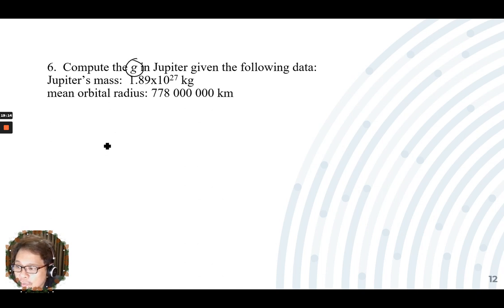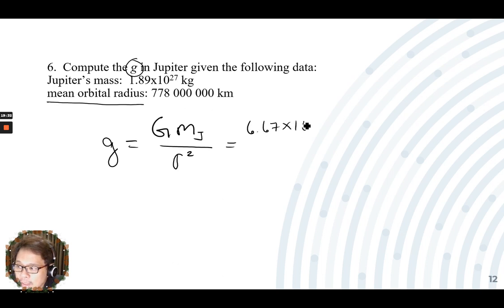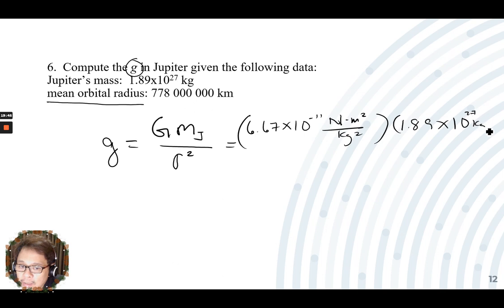To compute for the g on Jupiter, you have small letter g is equal to G times M, the mass of Jupiter, divided by the radius, the mean orbital radius, how far, and then squared. So the G is 6.67 times 10 raised to negative 11. The unit is newton meter squared per kilogram squared. The mass of Jupiter is given as 1.89 times 10 raised to the 27 kilograms.